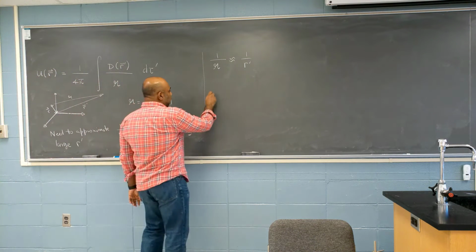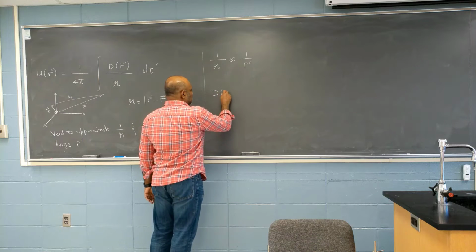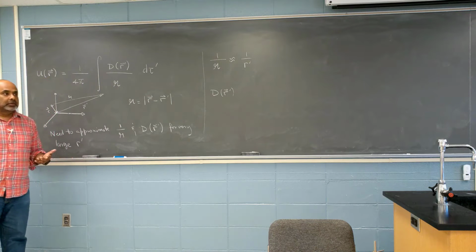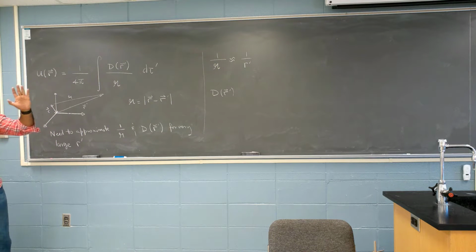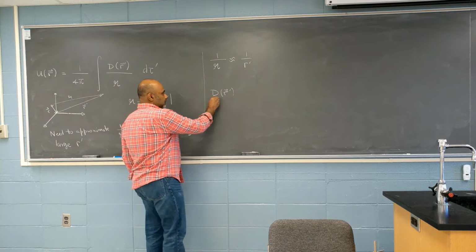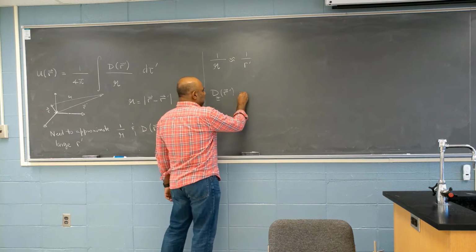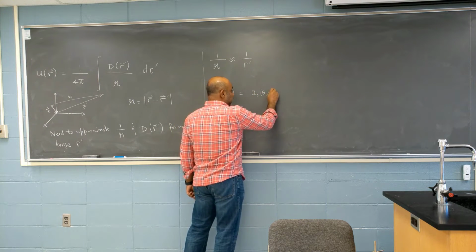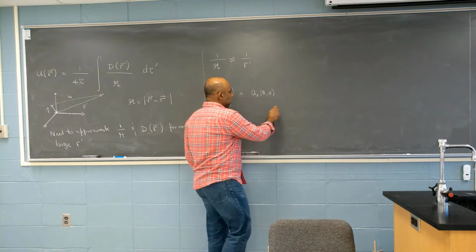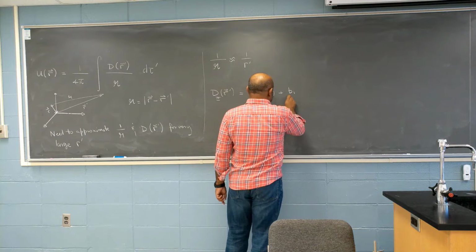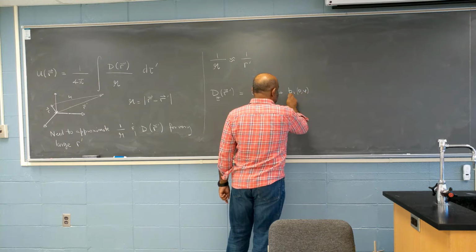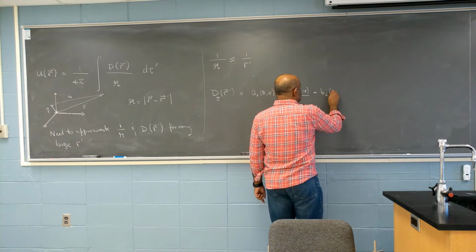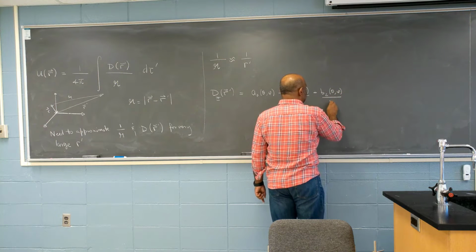What about this guy? Well, we don't know anything about the function d, except we know this is very far away, so this is region 3. It is going to be some constant, which is a function of theta and phi, plus b1 theta and phi over r prime plus b2 theta phi over r prime squared.